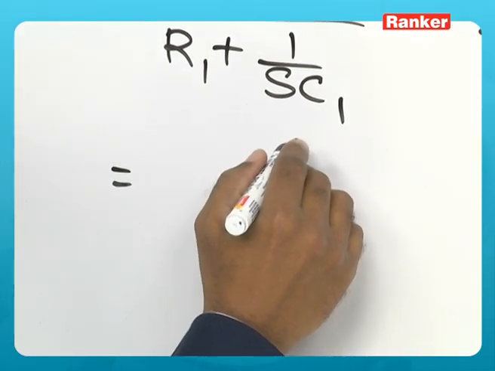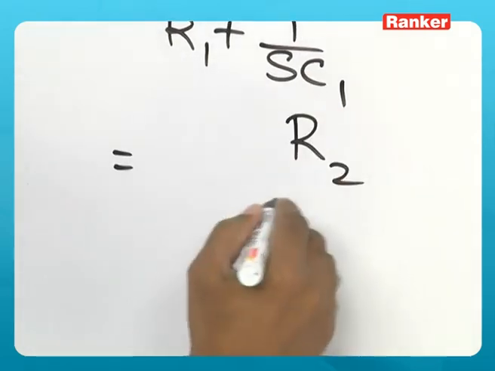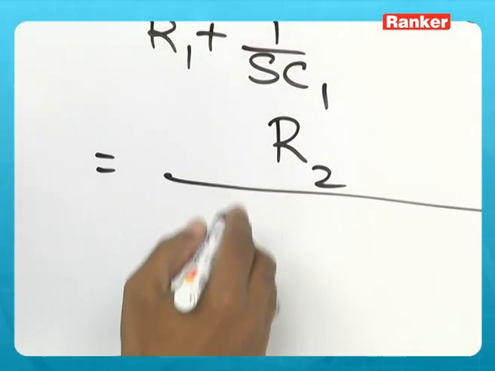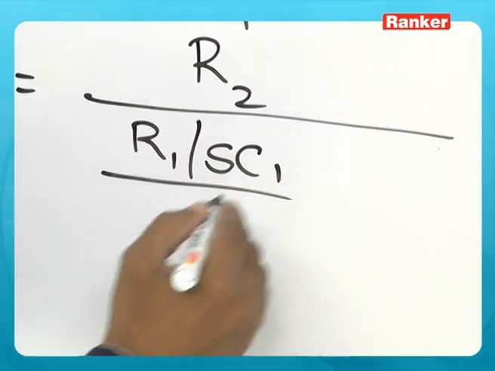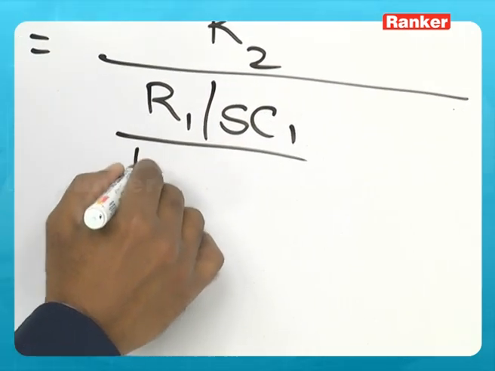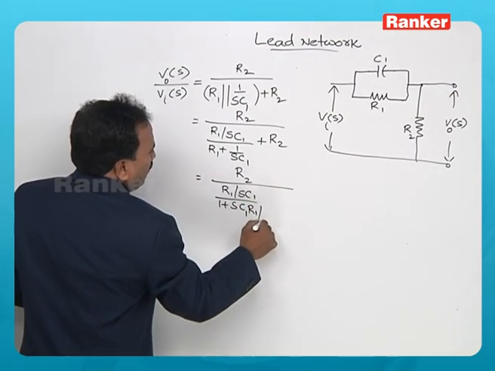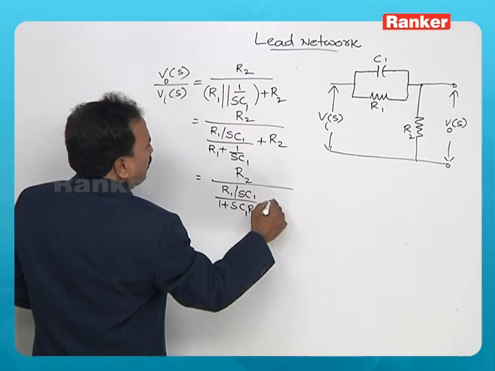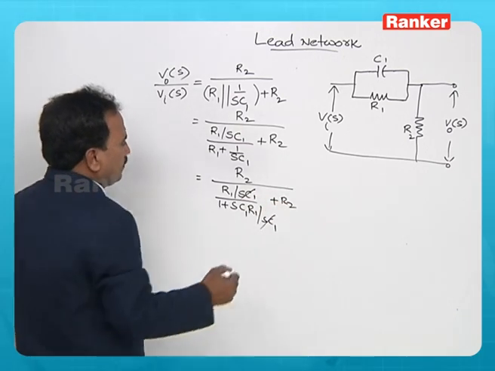Now further simplification: R2 divided by R1 by SC1 by (1 plus SC1 R1 by SC1) plus R2. So SC1 gets cancelled.